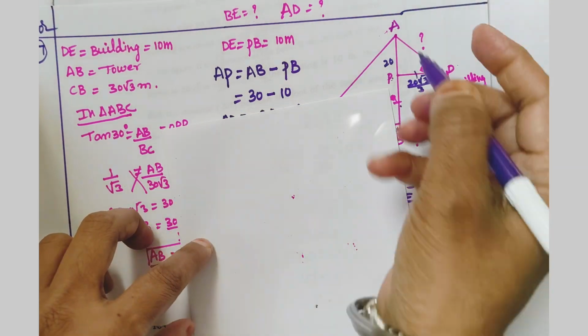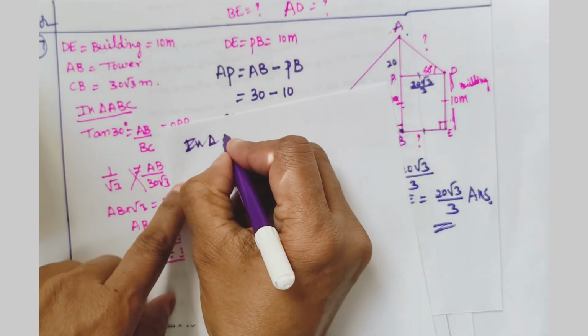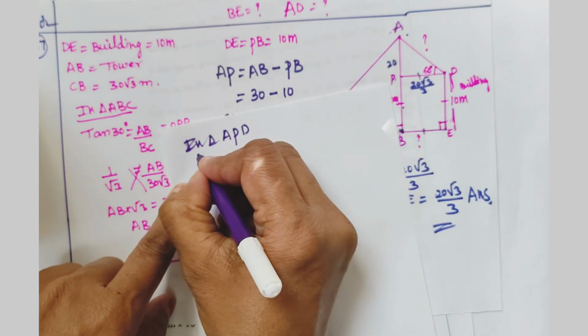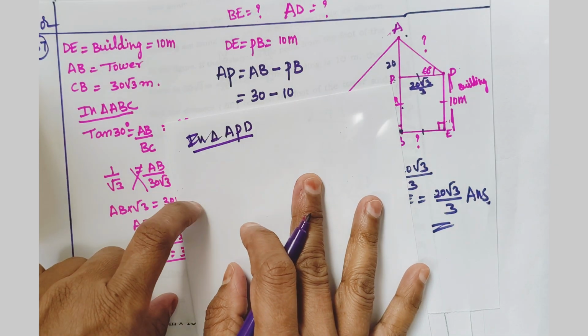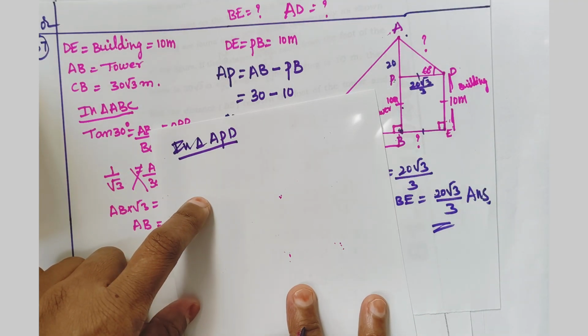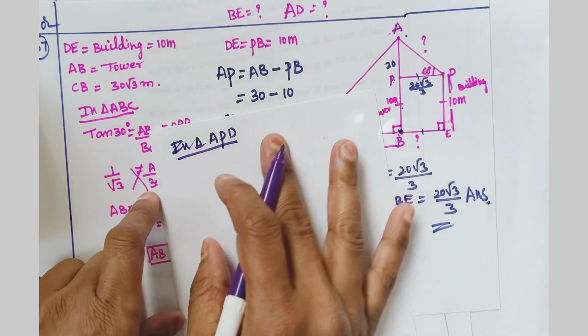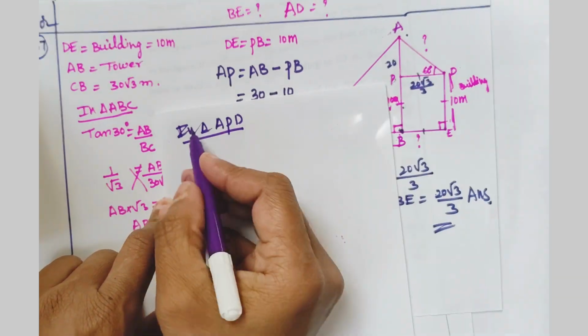Next, the same triangle we will take, triangle APD. Now we will take sine. Sine means what? Opposite by hypotenuse. So now we will take sine 60 degree.